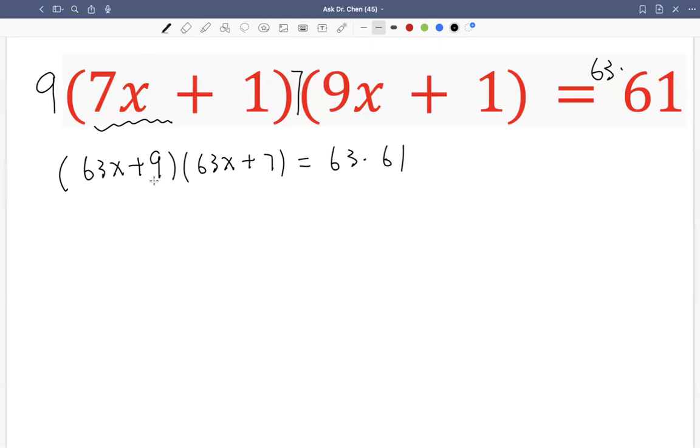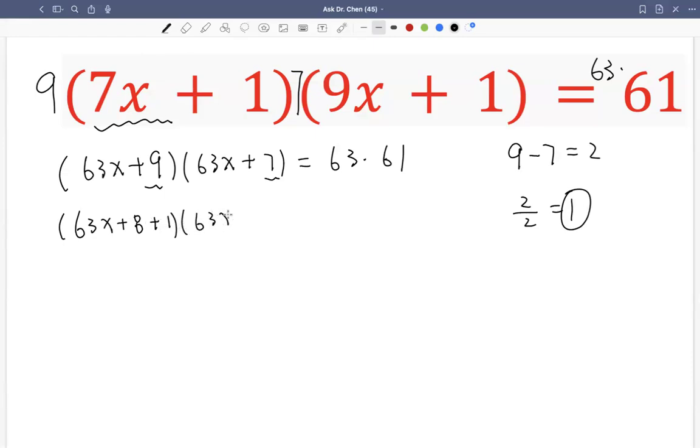Now we see this 9 minus 7. So 9 minus 7, that's 2. 2 divided by 2 is 1. So what do? We're going to rewrite this as 63x plus 8 plus 1. Right? So 1 comes from here. Think, okay, subtract 1 from 9. That's 8. Then we add 1 back.